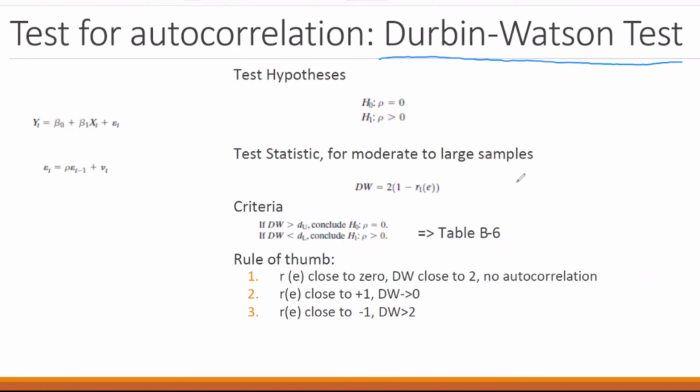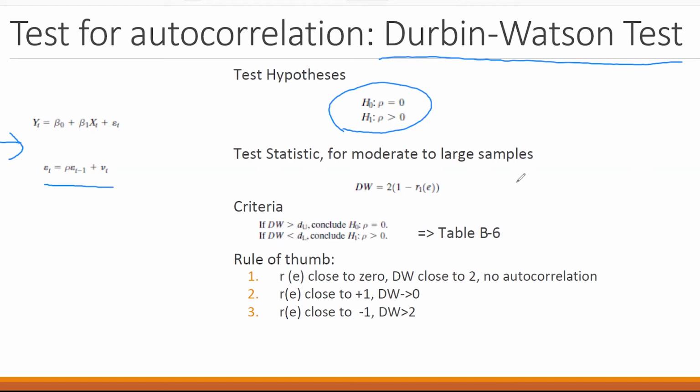So start with the hypotheses. These are the hypotheses for the Durbin-Watson test. The null hypothesis says rho is equal to 0. The alternative says rho is greater than 0. Okay, what does it imply? Let's go back to the original model that we just looked at. The first equation is the regular simple linear regression model. And the second equation allows us to explore the relationship between every error term in the current period and every error term in the previous period.